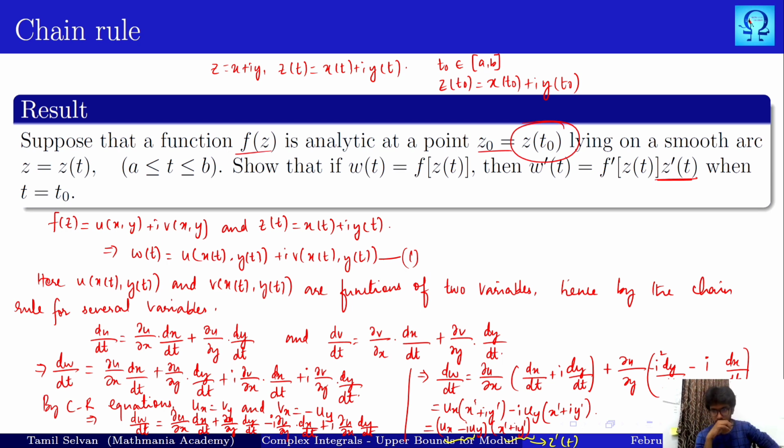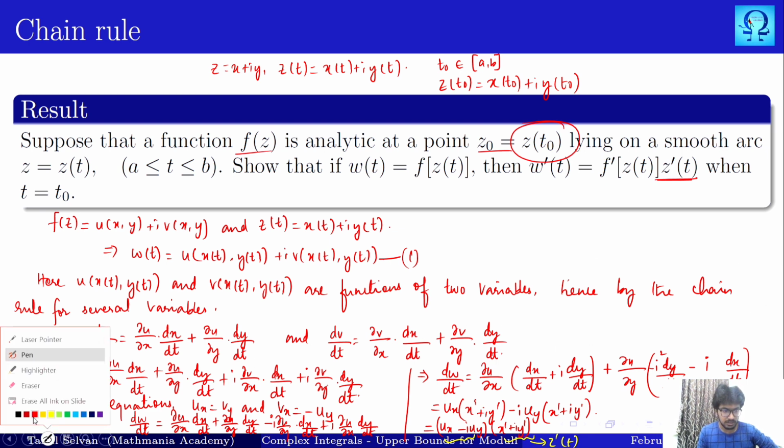I think we'll have to check only one thing. Did we leave any minus?